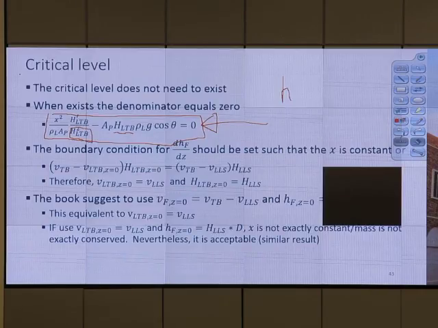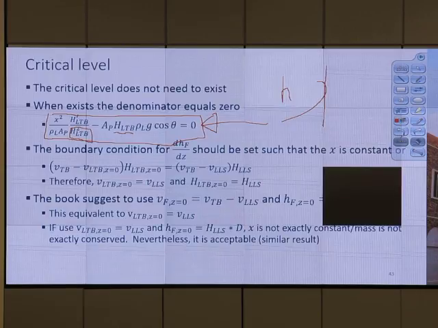Critical level sometimes exists, sometimes it doesn't exist. It is not always that we have critical height. But if we have critical height, the slope over there is infinity.